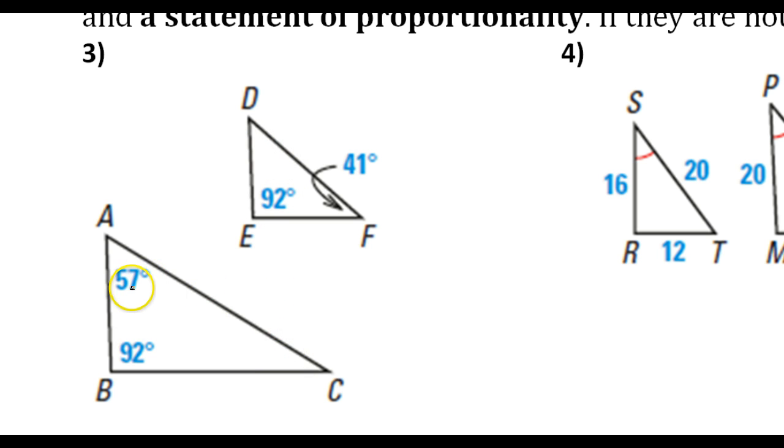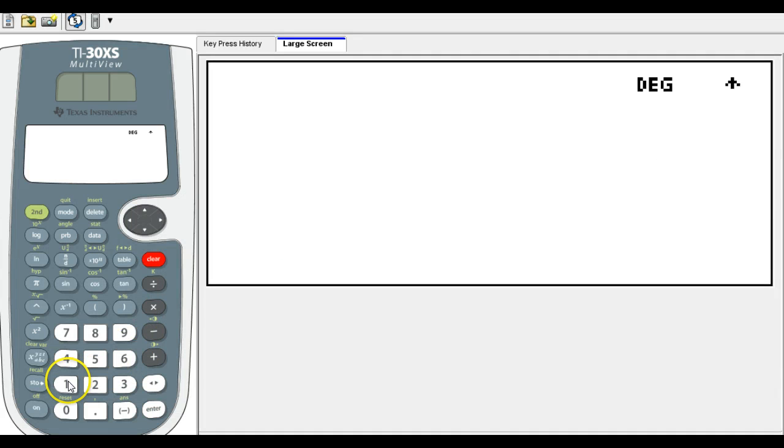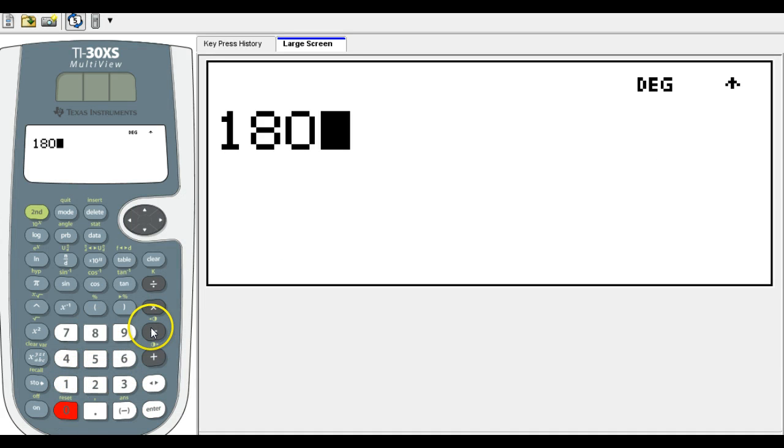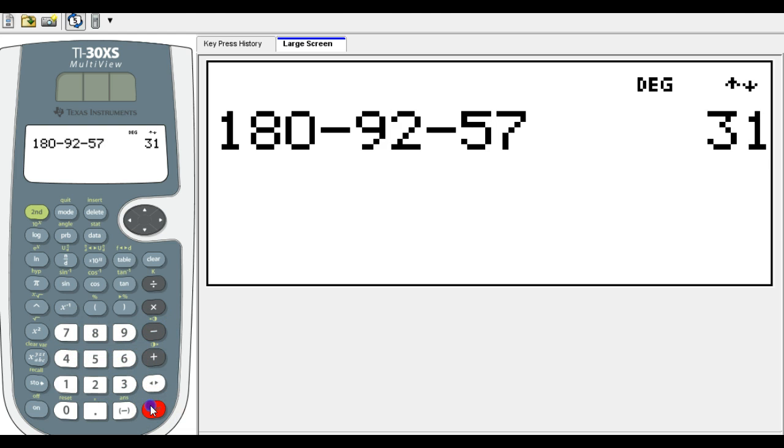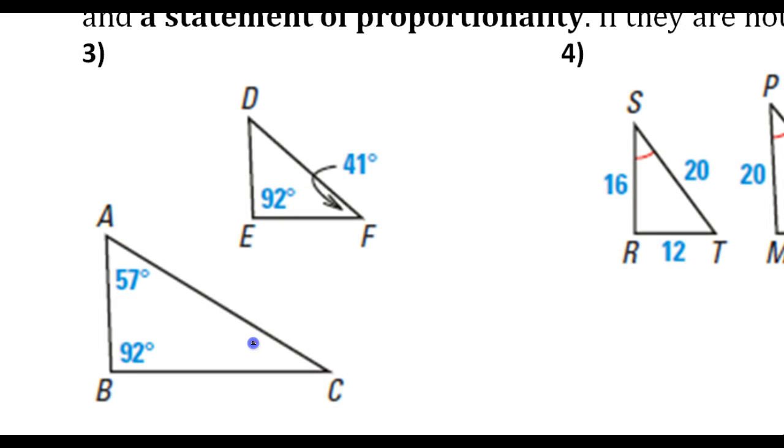The angles in a triangle have to add up to 180. So let's subtract and find out what the missing angle is. Let's do 180 minus 92 minus 57. Okay, that's 31. So this missing angle is 31.